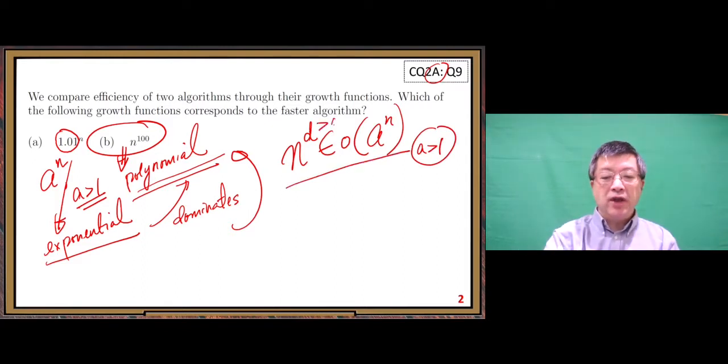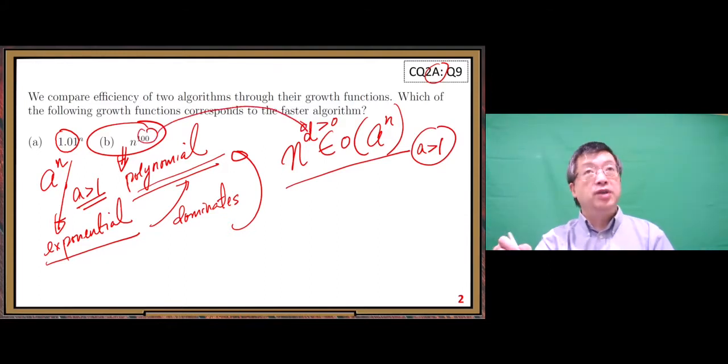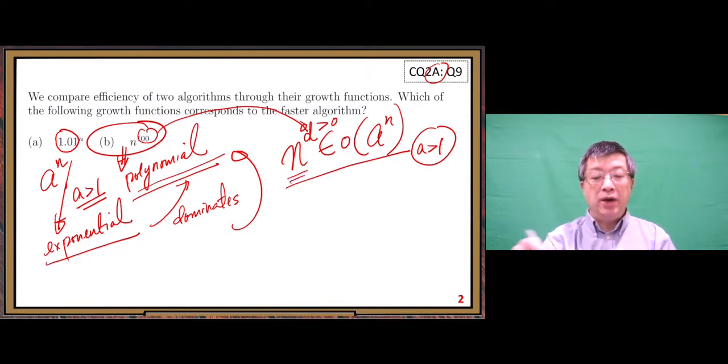D is a positive number. In our case, can we use 100 as the D? Any positive number. Even 1 million, we can use 1 million or 1 billion. It is still a polynomial.